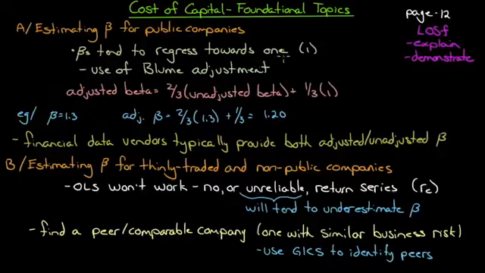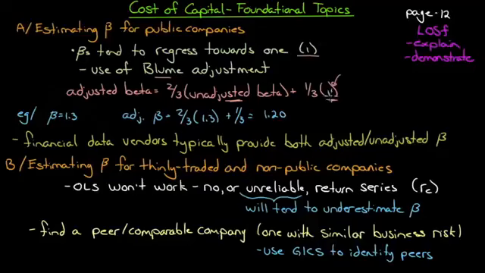So betas tend to regress towards 1, and since we're doing forward-looking estimates of expected return, we should adjust our beta to reflect this regression towards 1. The most common one is the Blume adjustment. So our adjusted beta is 2/3 of our unadjusted beta plus 1/3 of the beta of the market itself, and we say the beta of the market itself is 1. So 1/3 of the beta of the market.